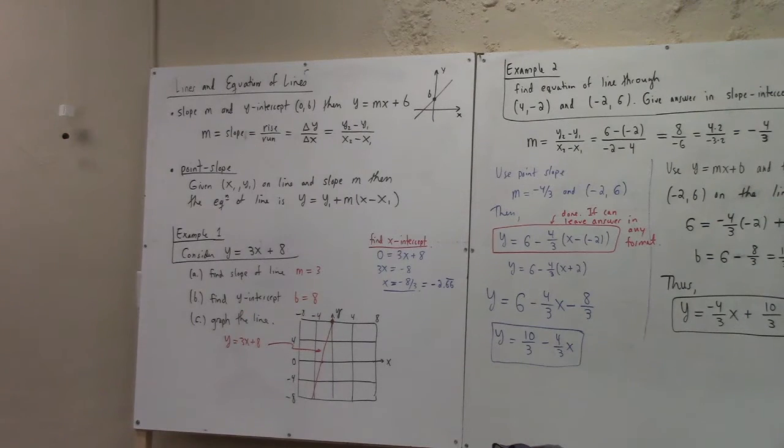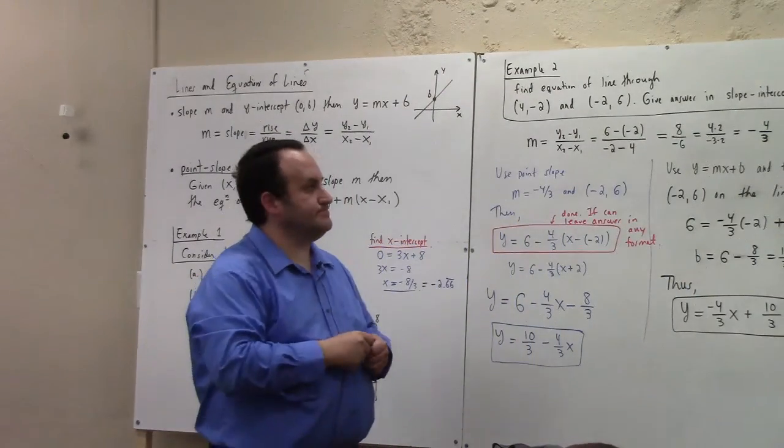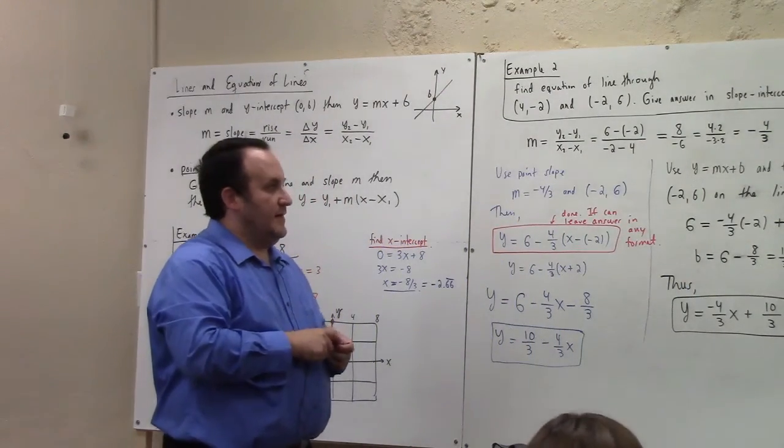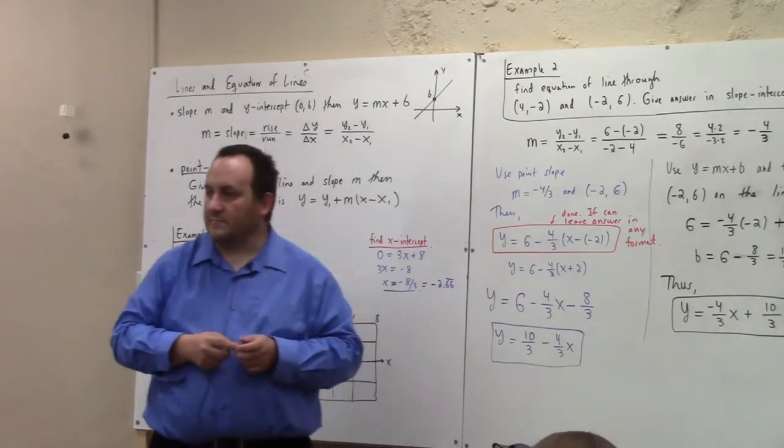Graph the line. So how are we going to find where this line intersects x equals 1? How do you do that?